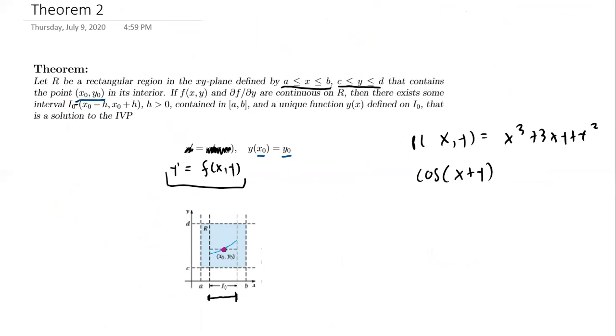I always say to take the largest interval, but you can take something smaller, so let's just take the largest one. We found our interval that contains the point x naught, y naught. We found that both f and partial f with respect to y are continuous there. So what are we guaranteed? What can we conclude?